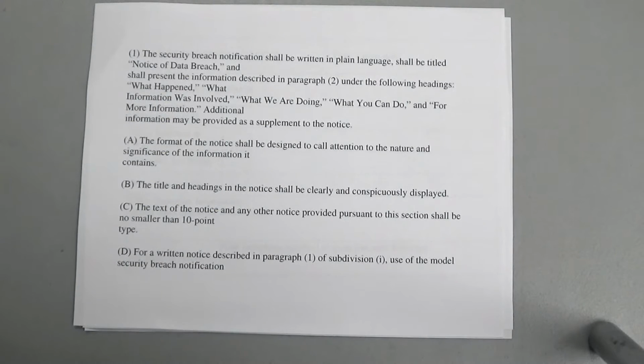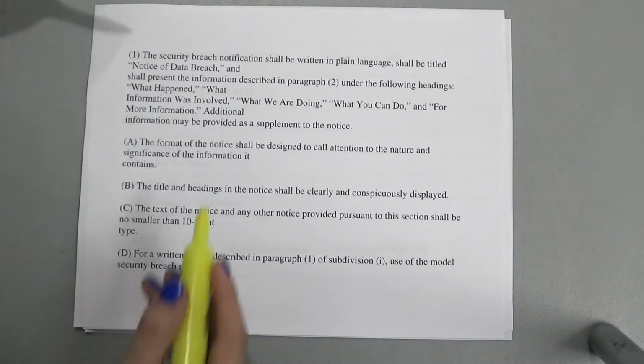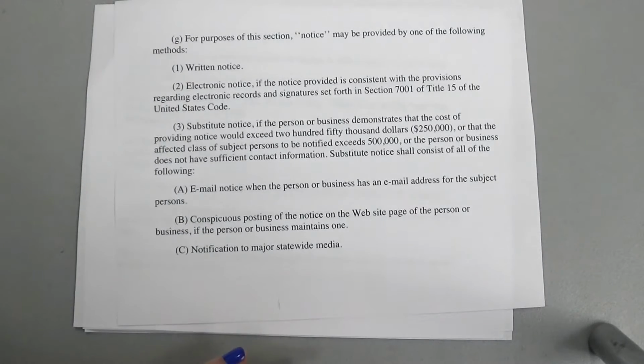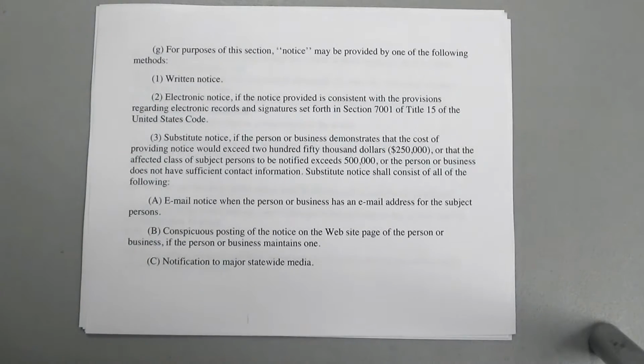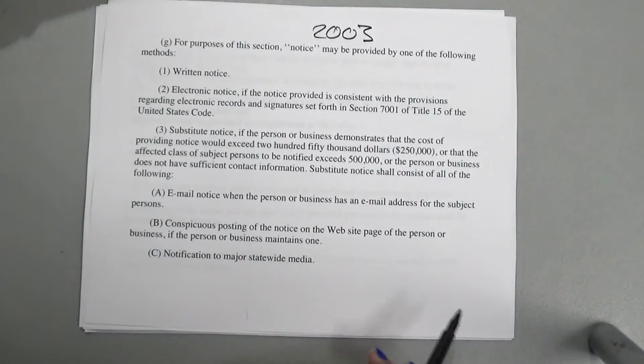The last part of the requirement is the actual content of the breach notification. So there actually was no specification of exactly what needed to be said in the original 2003 version of the law. What they did have was how you can notify.